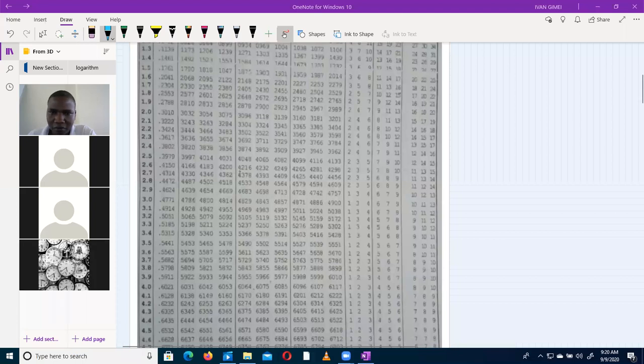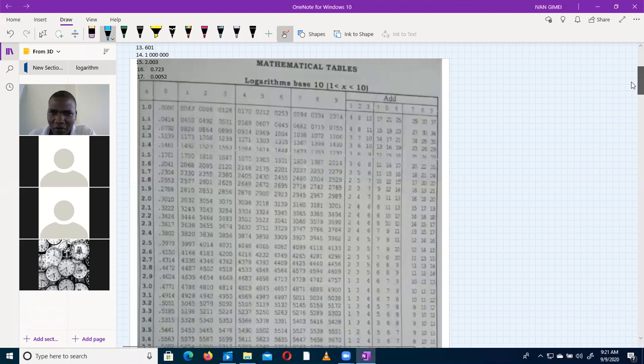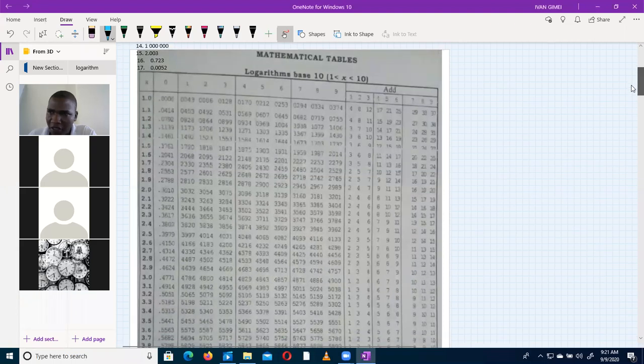Teacher, you first go to the first column of the table. You locate where 4 is.